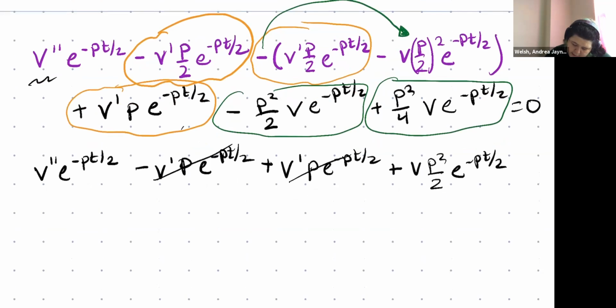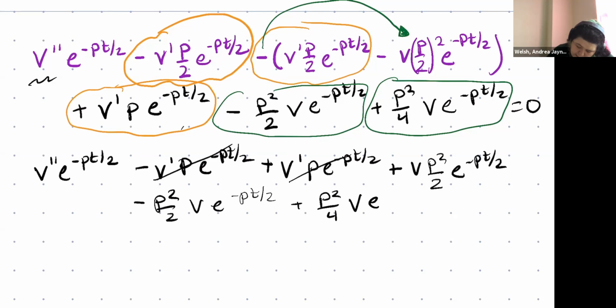And then we have a minus p squared over 2 v e to the minus pt over 2, and a plus p squared over 4 v e to the minus pt over 4.